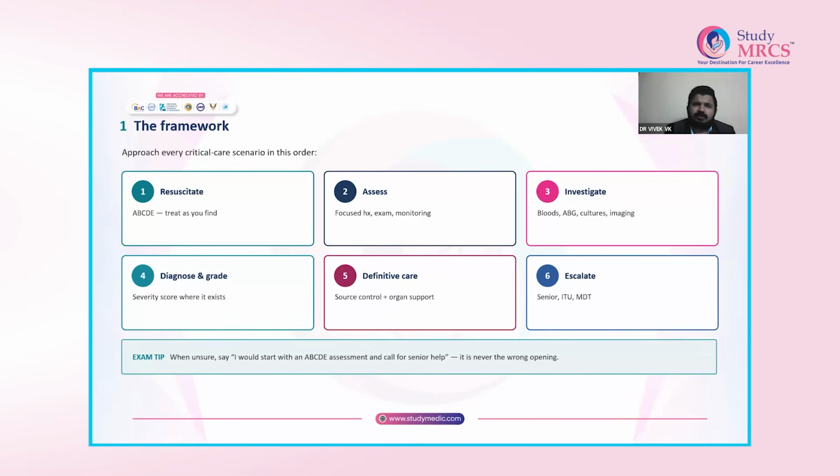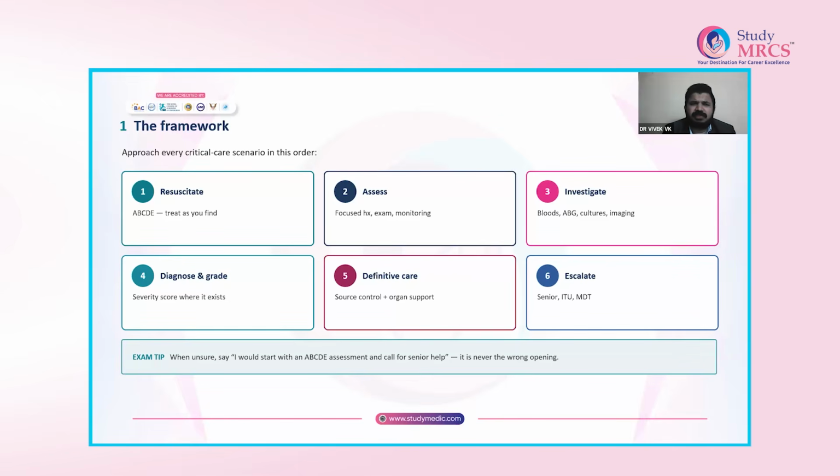Then you have to assess: take a focused history, the examination and the monitoring. You may have to investigate, that includes blood investigations, cultures, arterial blood gas analysis and imaging. Then comes the diagnosis and the grading of the problem.